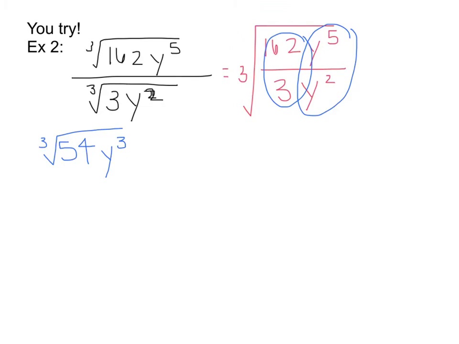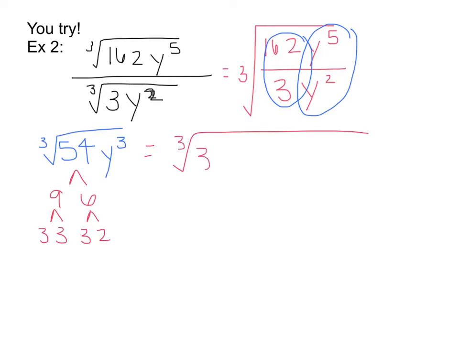The cube root of 54 is not a nice number, so we need to break it down. So we know that 9 times 6 is 54, 3 times 3, 3 times 2. So you want to write it like this, the cube root, and then you write 3 times 3 times 3 times 2. Remember, you can check that, and that should give you 54.